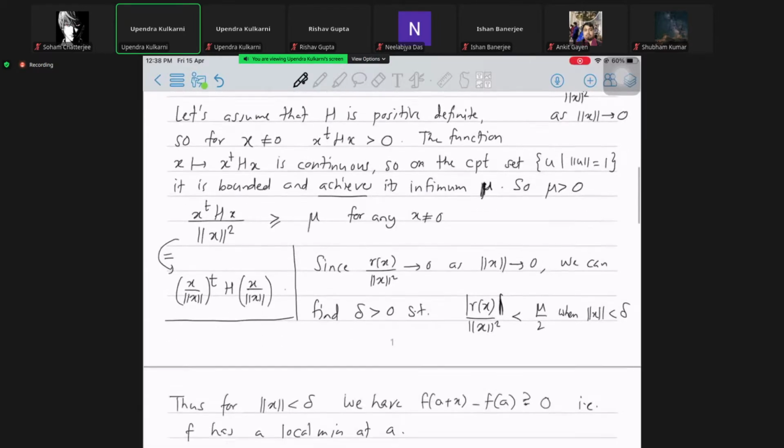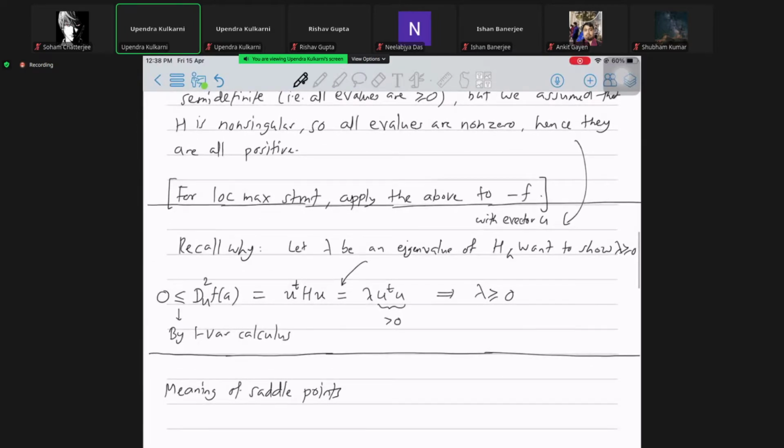So now just look at this calculation over here. What does this say? That means that I have one eigenvector, let's say U1, with corresponding eigenvalue lambda 1 that is strictly positive. What does this mean? If I restrict this function in the direction of this vector U1, what do I see at A? In that direction, it will be a local minimum because the eigenvalue is strictly positive.